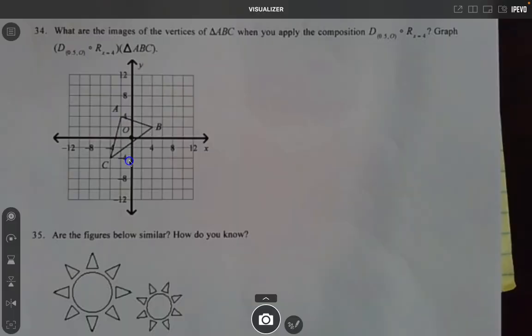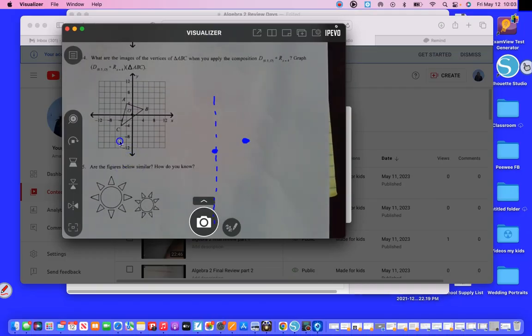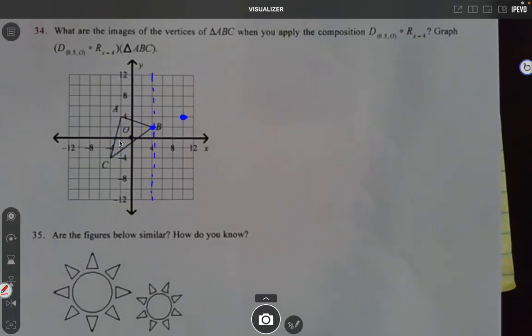This one is 1, 2, oops, let me go back. I think we got that. This one is 1, 2, 3, 4 squares away, so I'm gonna go 1, 2, 3, 4. So I got that one wrong. Oh. So I have reflected it, and doesn't it look like a mirror image over that dotted line? Is everybody good so far? Wait, let me just write this down. Gotcha.